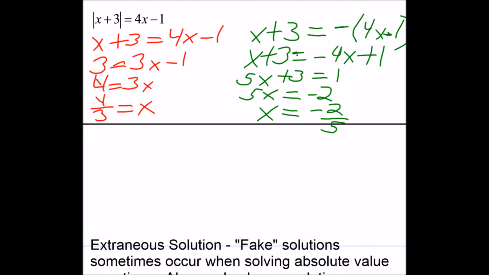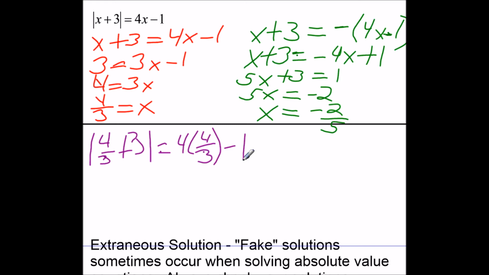So what I want to do now is plug those solutions back into the original equation. So I'm going to do the absolute value of 4/3 plus 3 equals 4 times 4/3 minus 1.